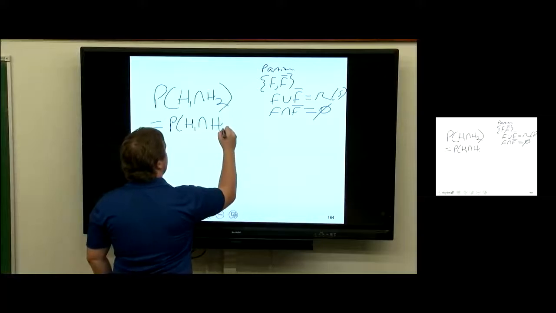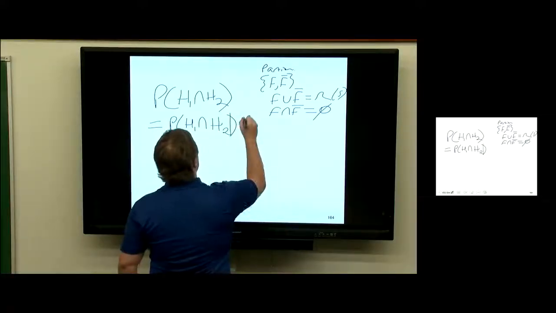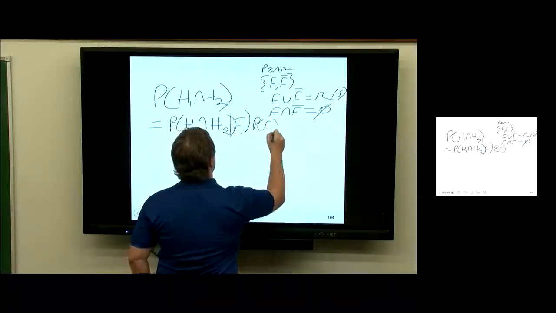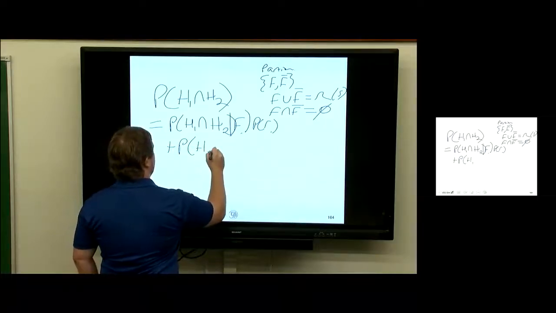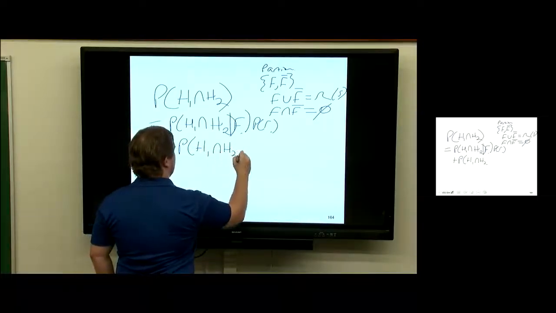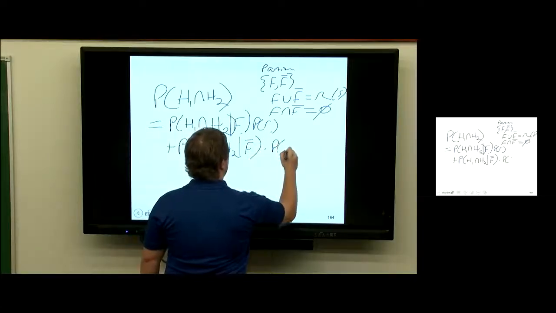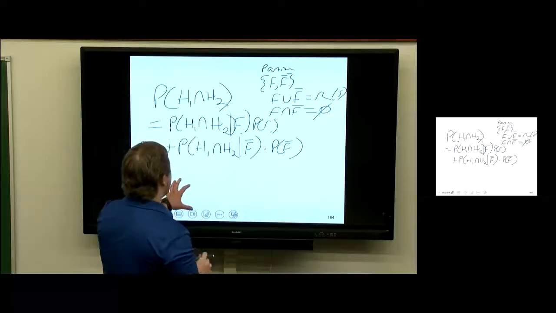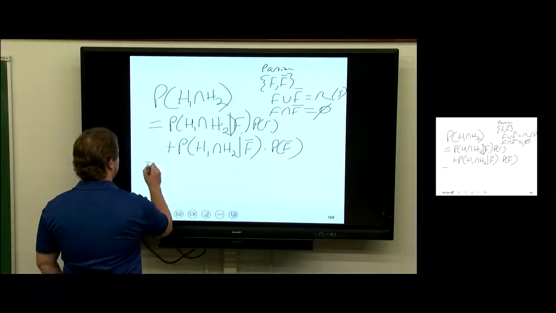So continuing on, the probability of H1 intersect H2 given F times the probability of F plus the probability of H1 intersect H2 given F bar times the probability of F bar. Now we're going to apply conditional statistical independence to both of these expressions.